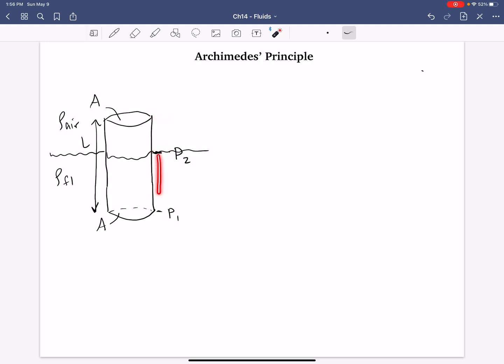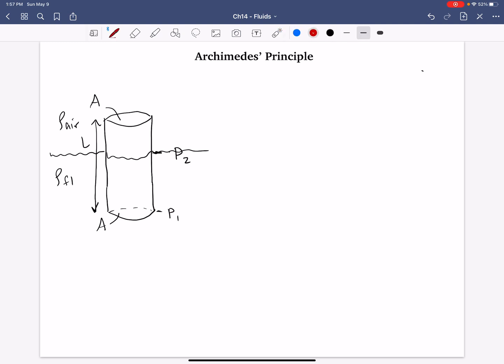Compared to the difference in pressure between these two heights, this difference is very, very small. The actual height may be comparable, but the difference in pressure is very small, and in fact, it is. So for this derivation, I'm only worried about the pressure at the fluid's surface and the pressure at the bottom of the object.